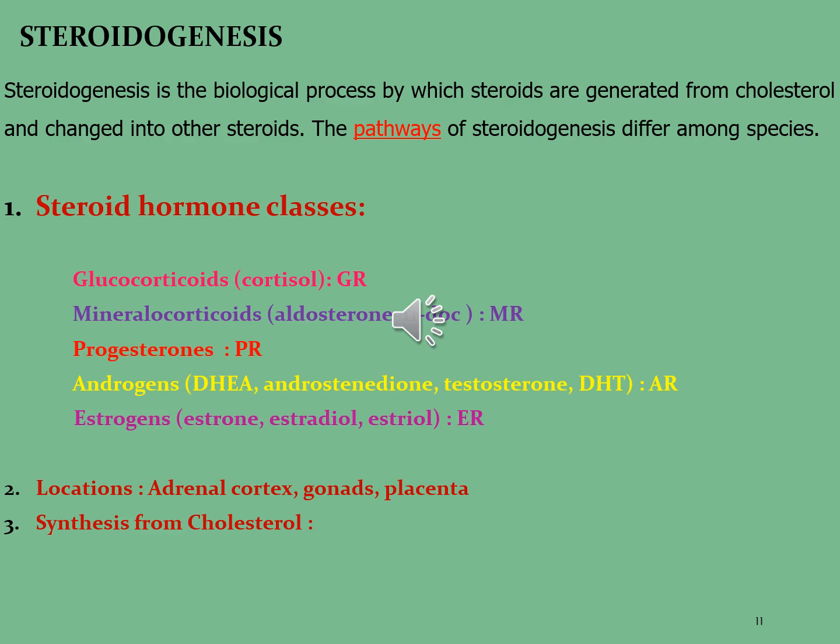The common examples of estrogens are estrone, estradiol, estriol. This is represented by ER. So all these hormones are located in the adrenal cortex, gonads and placenta, within the mitochondrial positions, and all these hormones are synthesized from cholesterol. Means the basic precursor for the synthesis of these hormones is cholesterol.